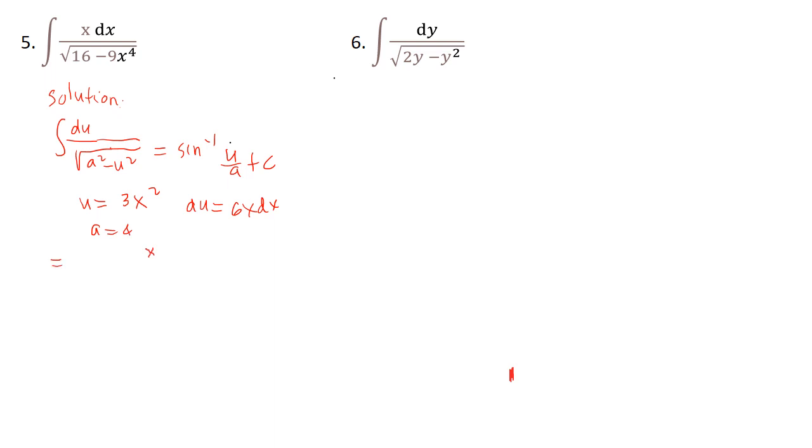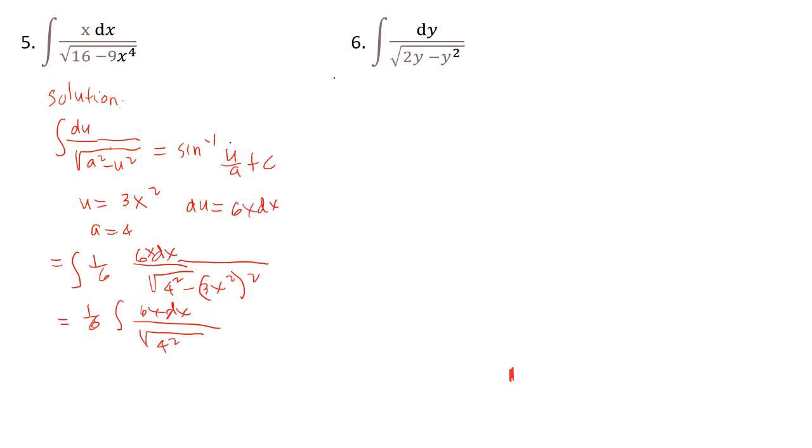So substitute that one: equals 1 over 6 times integral of 6x dx over square root of 4 squared minus (3x squared) squared.